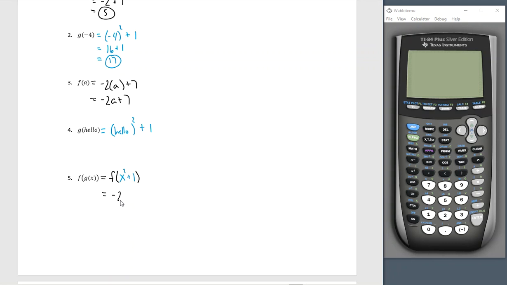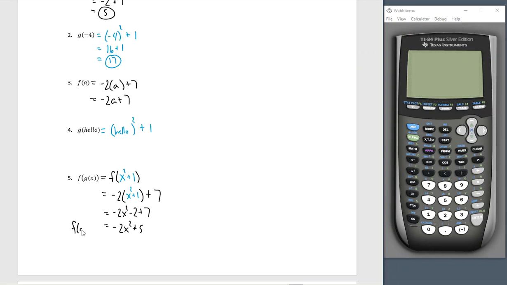Now we look at the format of f. F is negative 2 times something plus 7. And the line right above it tells us exactly what that something is. It's the g of x, which we actually call x squared plus 1. And then we can simplify. We distribute that negative 2, so it'll be negative 2x squared minus 2 plus 7, which is negative 2x squared plus 5.